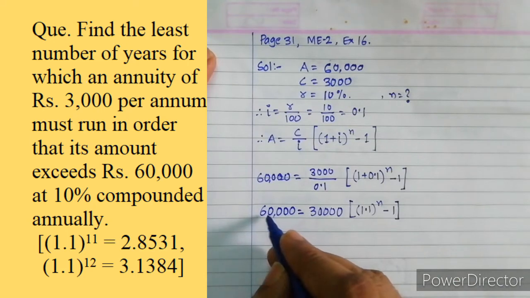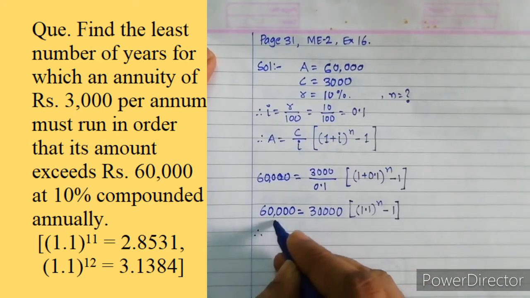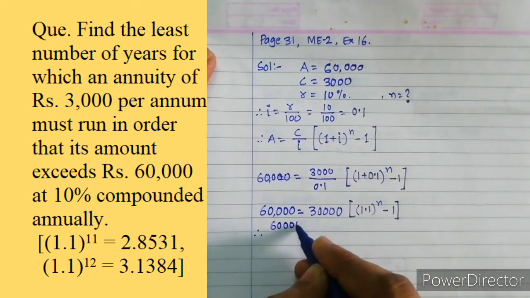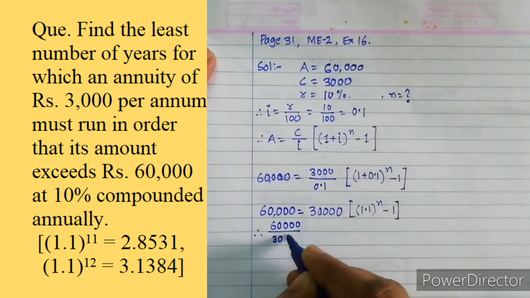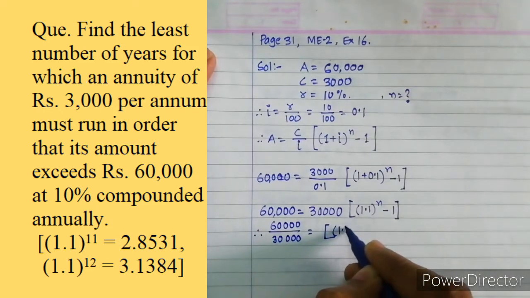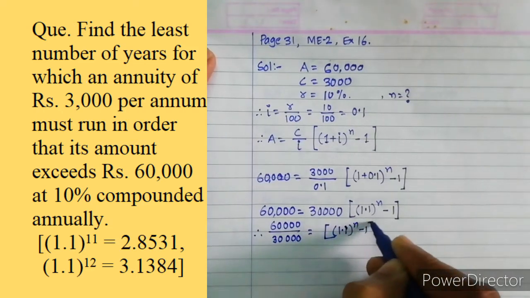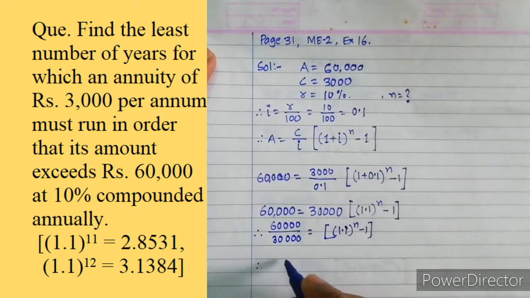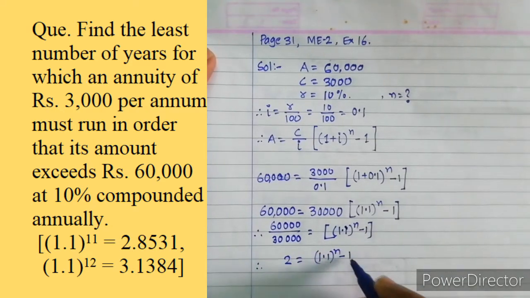So it is 60,000 divided by 30,000, which is 2. We don't know the value of 1.1 bracket raised to n minus 1. So therefore 2 is equal to 1.1 raised to n minus 1. If you take minus 1 to this side, it will be 3. It is equal to 1.1 raised to n.